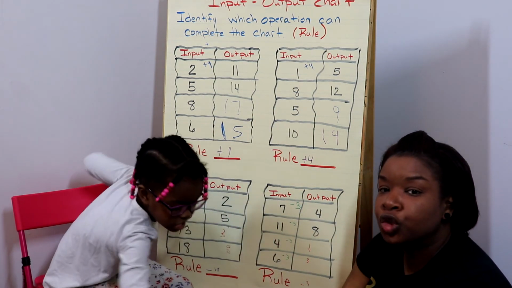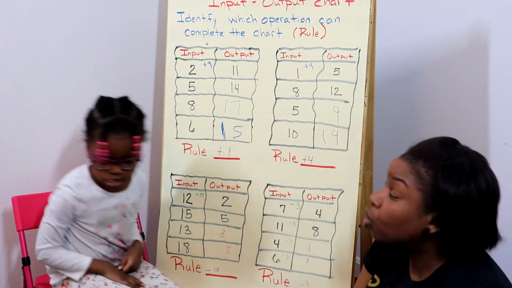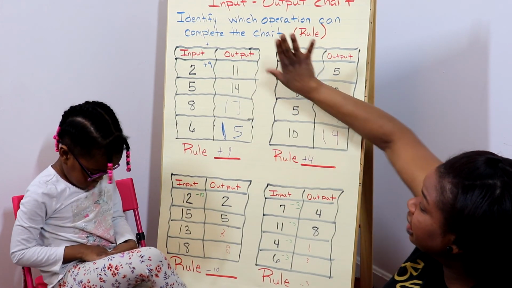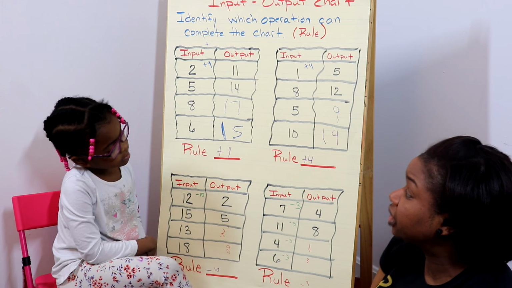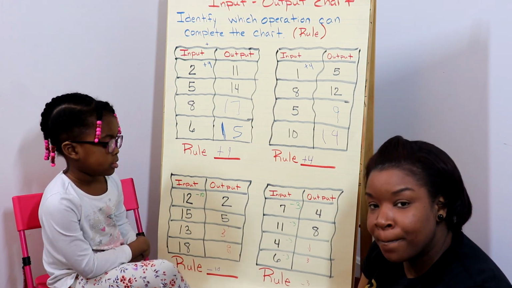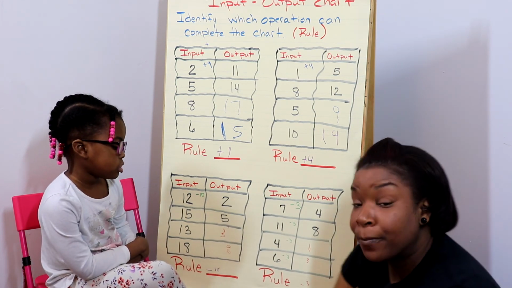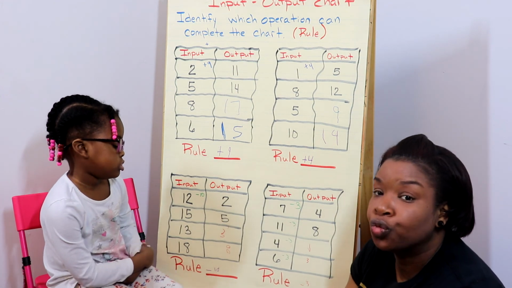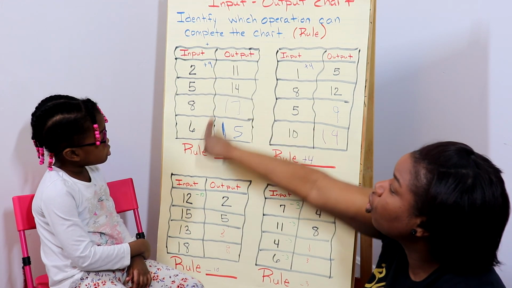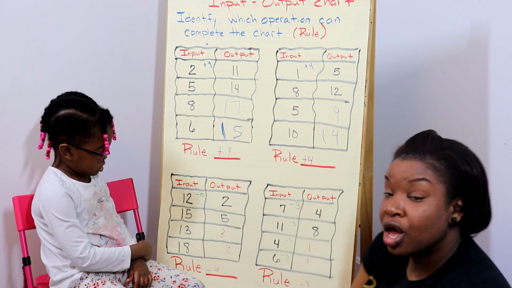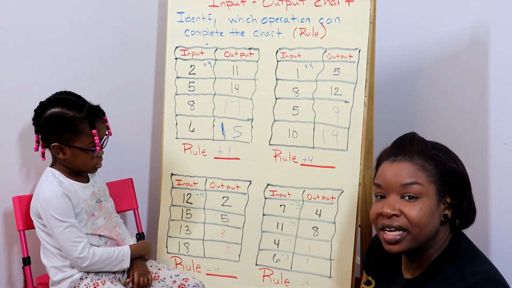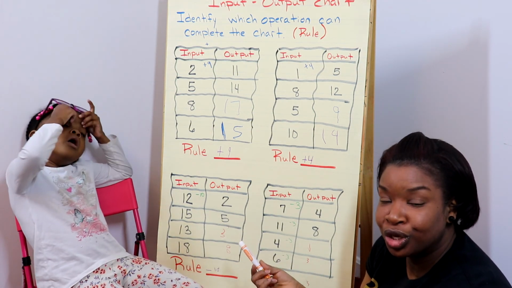So our operations were adding and subtraction. This one was adding, this one was adding, subtraction, and subtraction. Then we identified the numbers that went with the operation in order to find the actual rule. We used that rule to solve each problem. So hopefully you all had an understanding of this and this was helpful to you.